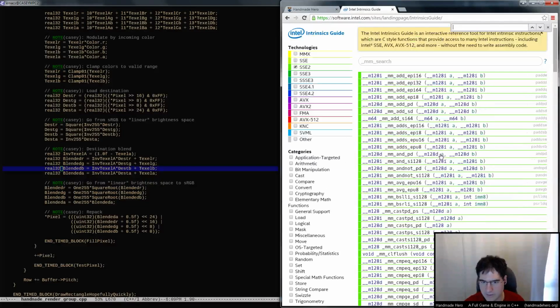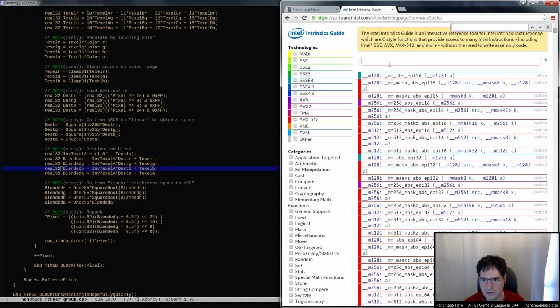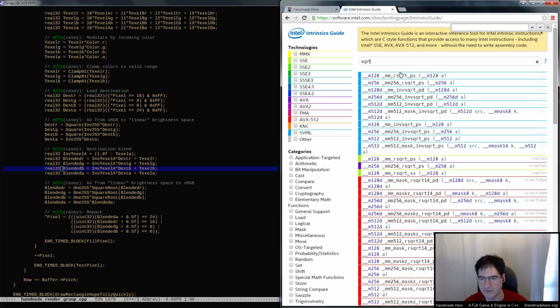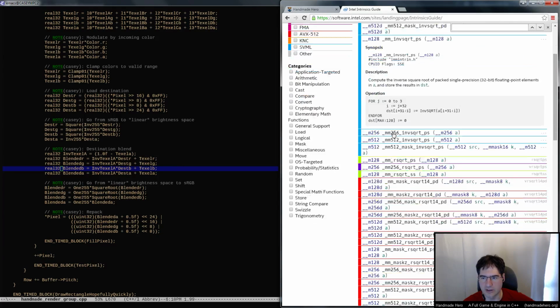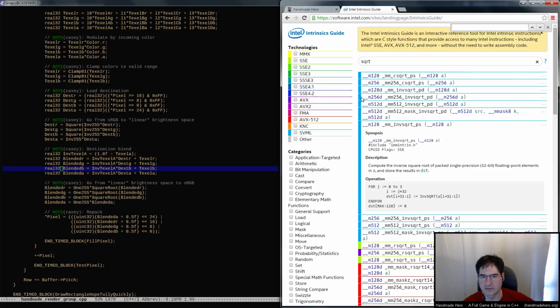If you take a look in SSE2, I just want to see the square root routines. There it is. If you take a look at the square root PS routine here, this instruction actually completes in a reasonable amount of time. It is not a slow instruction.